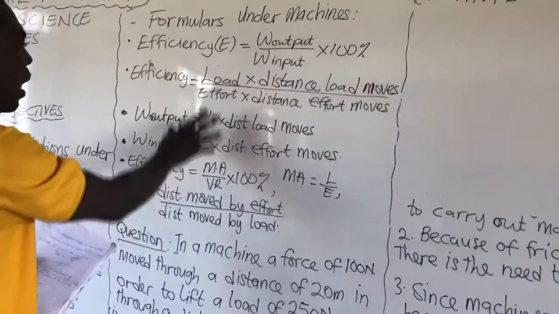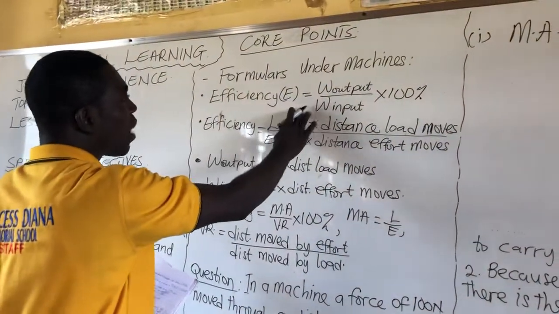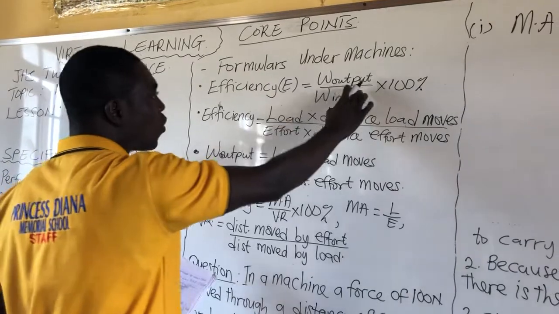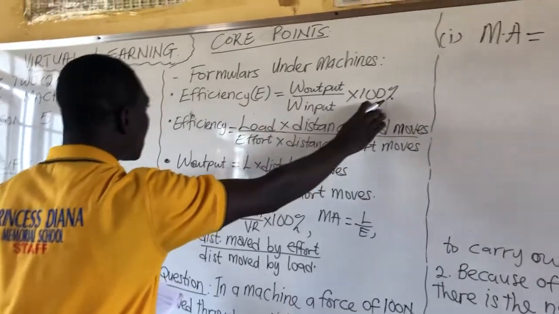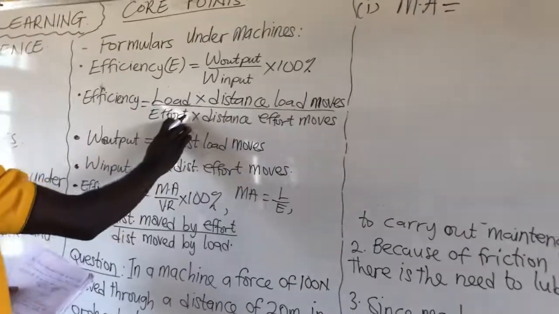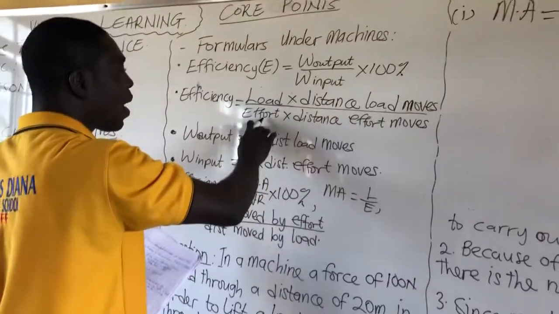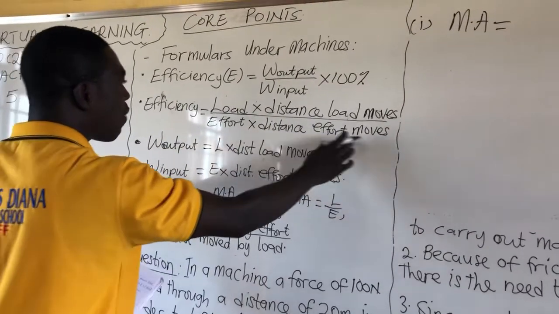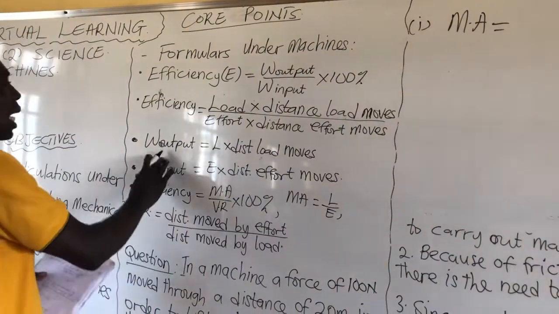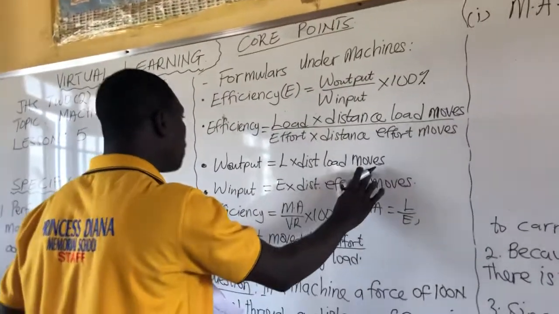Now, let's look at some formulas here as well. We have the efficiency of a machine being equal to the work output over work input times 100%. Then the same efficiency can be expressed mathematically as load times distance load moves divided by the effort times the distance effort moves. And work output is also given as load times the distance load moves.